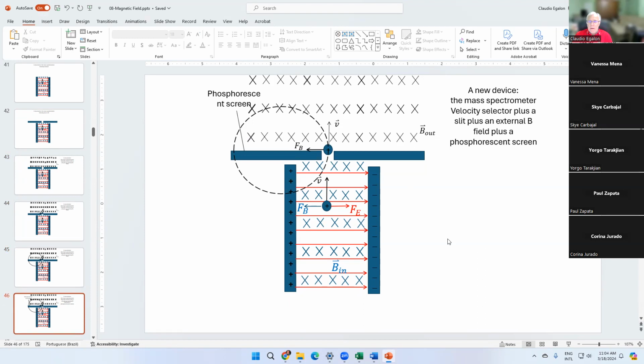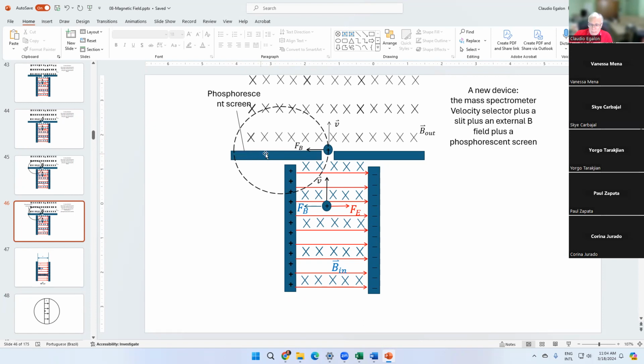And what we have here again is our phosphorescent screen. And we can find out the charge to mass ratio of this particle when we perform an experiment like that, okay? So this particle, whenever it undergoes this uniform circular motion, eventually it's going to strike this screen, and you will be able to see where this particle struck the screen because it's going to glow.